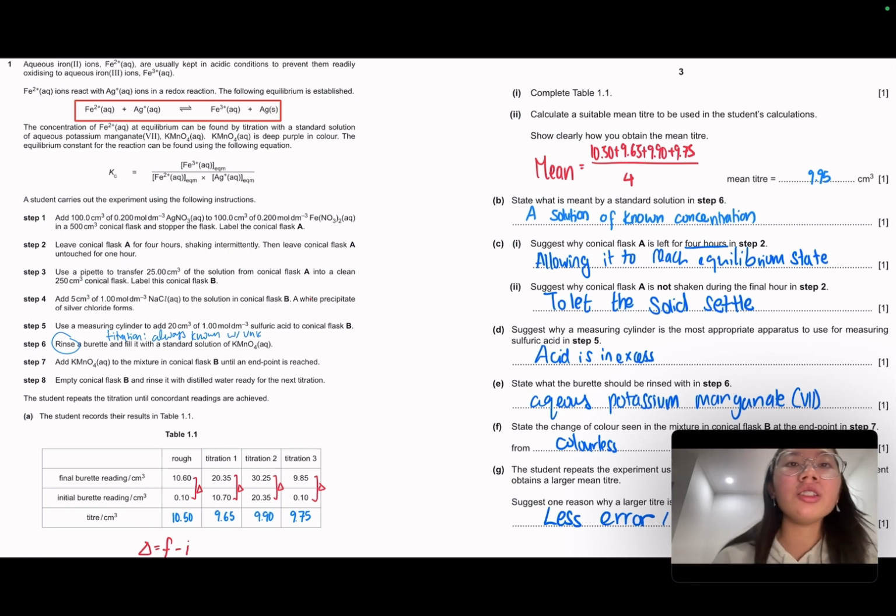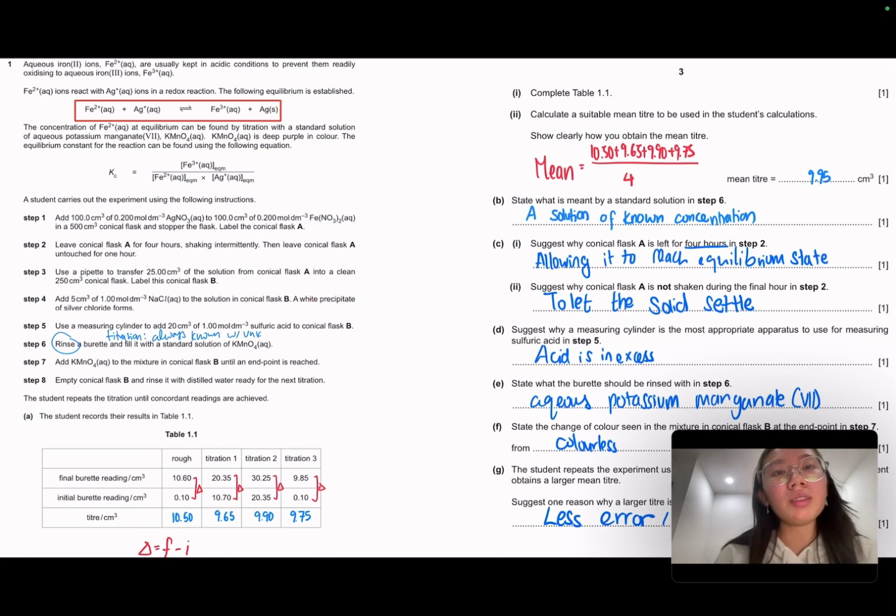The concentration of Fe2+ at equilibrium can be found by titration with a standard solution. The standard solution they're referring to is likely a solution with a known concentration because, for titration, you can't perform an unknown concentration of solution with an unknown concentration of solution. That's not possible. You perform known with an unknown.